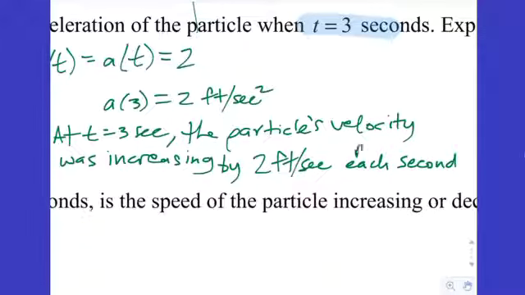You want to interpret it as the previous function's units per unit of the independent variable. So for every second that elapsed, it was gaining at that time another 2 feet per second in velocity units.